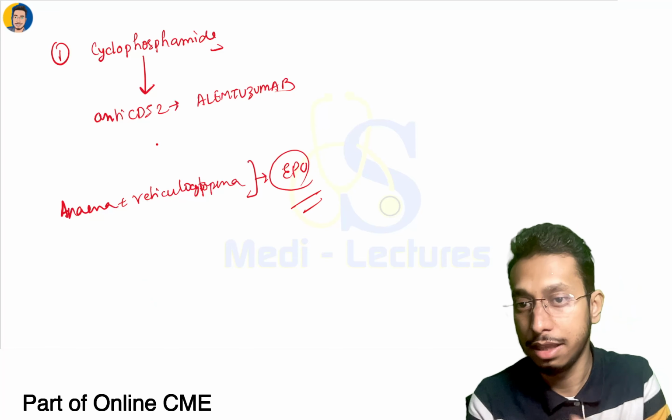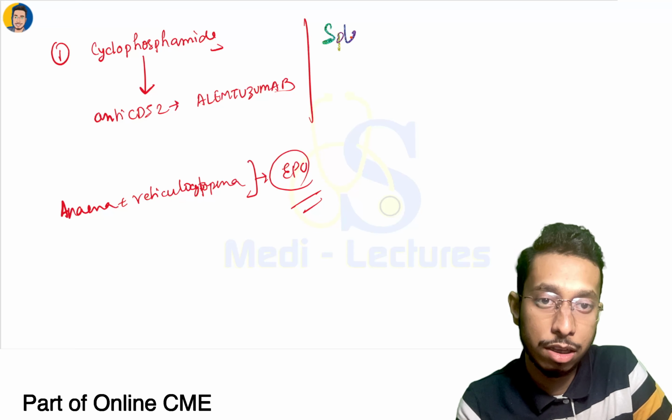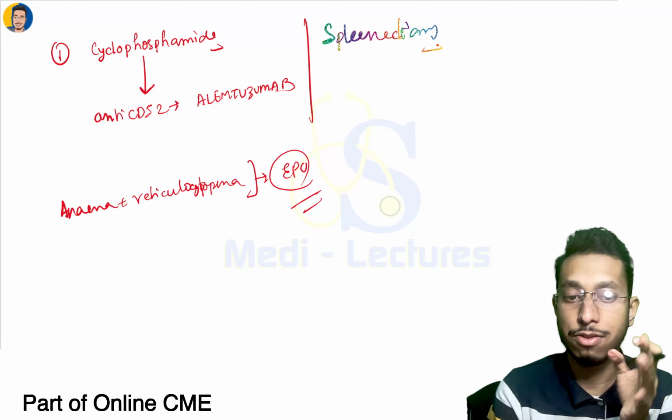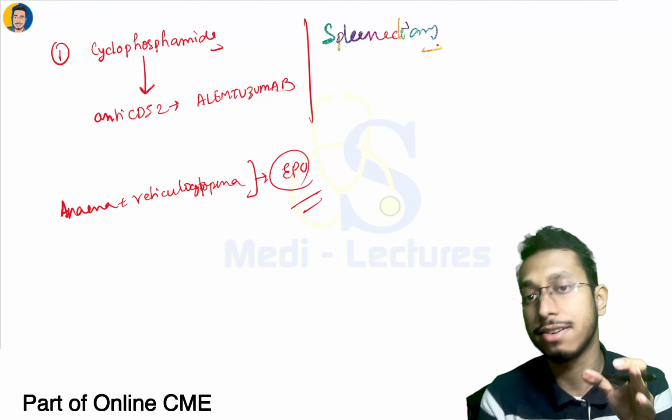Now remember, in these refractory cases, besides cyclophosphamide and alemtuzumab, splenectomy is also indicated. Splenectomy doesn't cure the disease per se, but the idea is not to control the disease but to take away the major site of hemolysis.